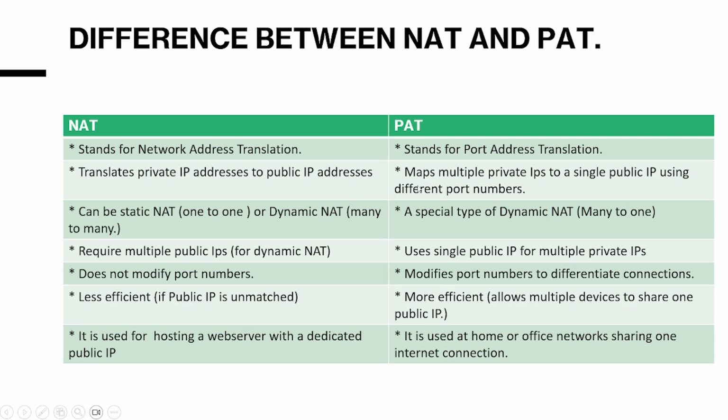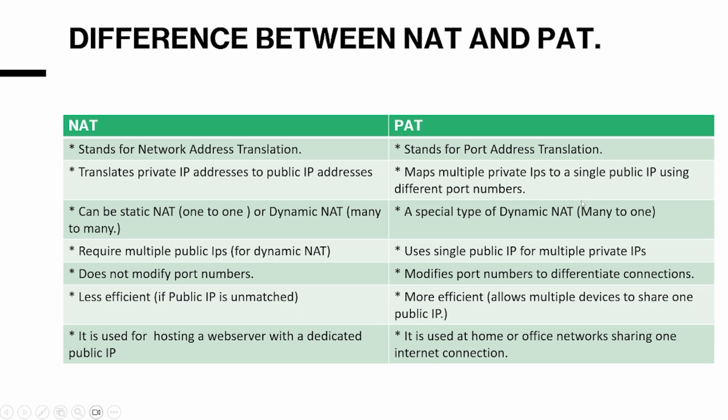PAT maps private IPs to a single public IP using different port numbers. NAT can be static, one-to-one, or dynamic, many-to-many. But PAT is a special type of dynamic NAT, many-to-one.